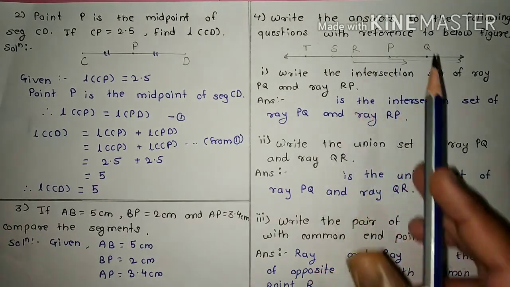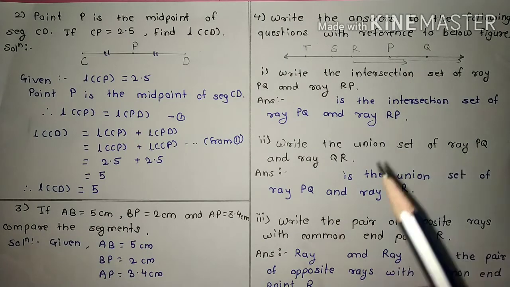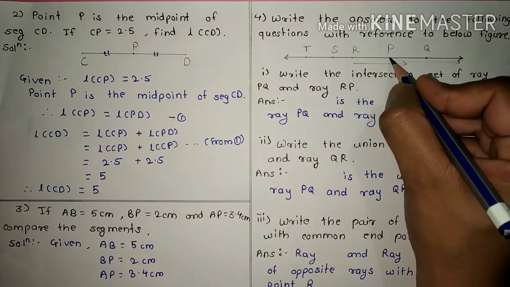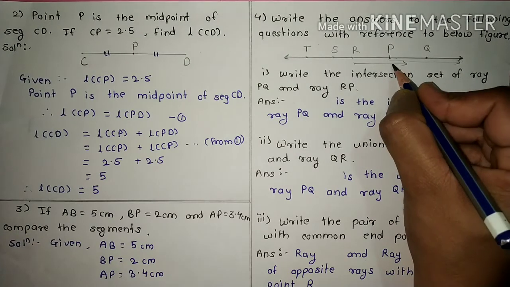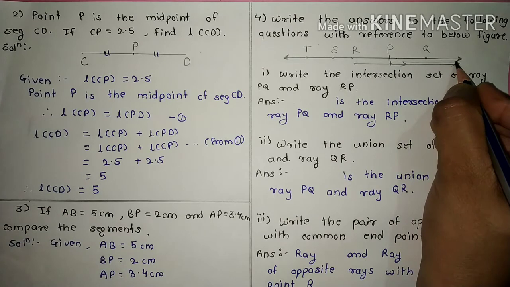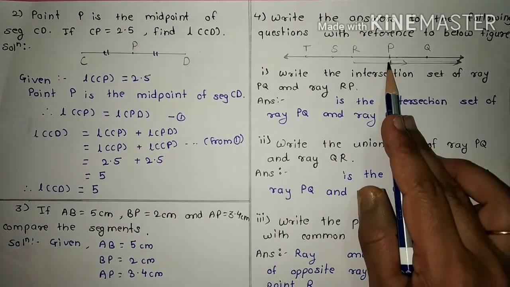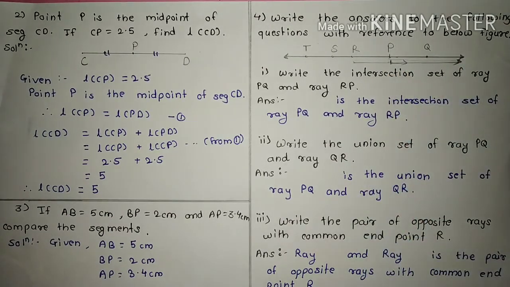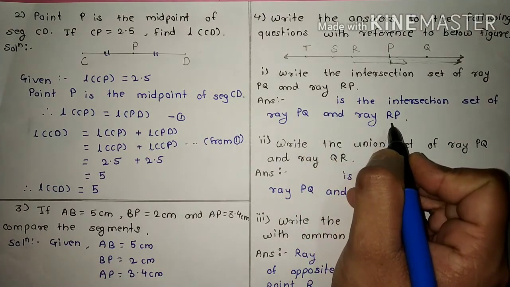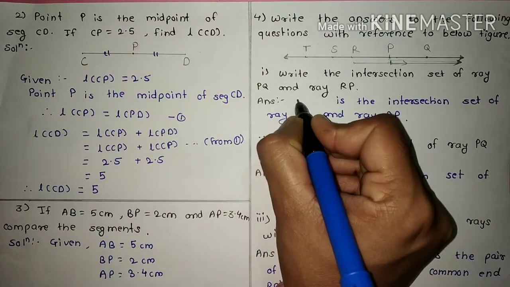Intersection means common points. Therefore, here common points are this ray. This ray is common. Therefore, answer is ray PQ. Therefore, intersection set of ray PQ and ray RP is ray PQ.